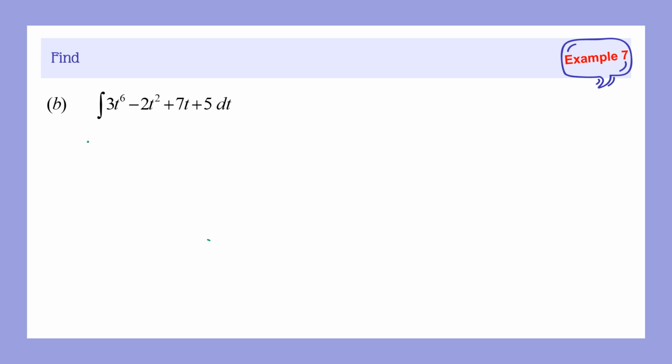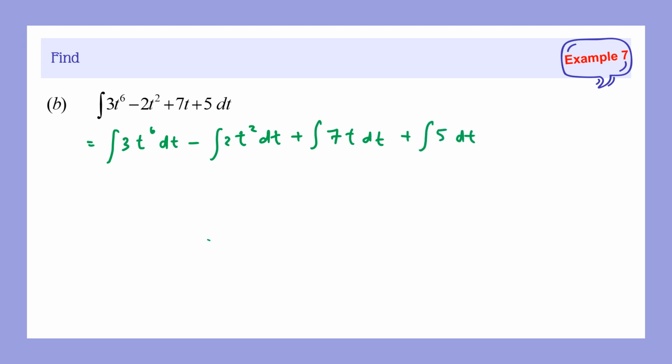Then we get the integral of 3t to the power of 6 dt minus the integral of 2t squared dt plus the integral of 7t dt, then plus the integral of 5 dt. And then we need to integrate one by one.